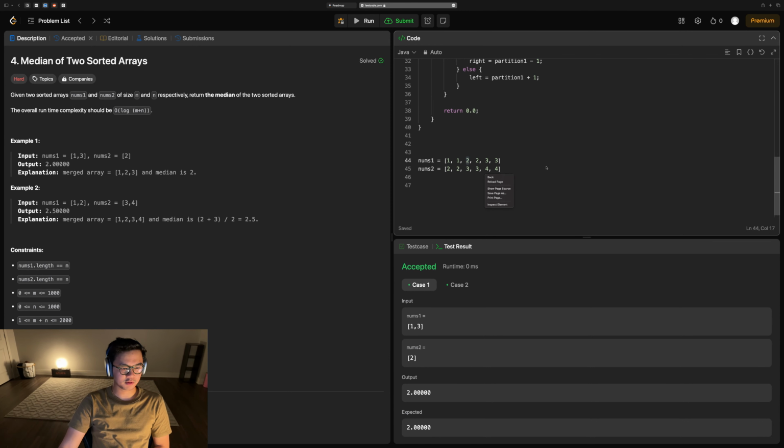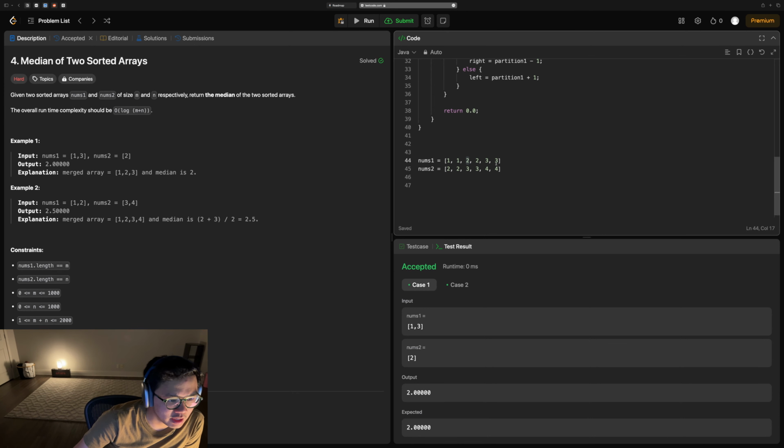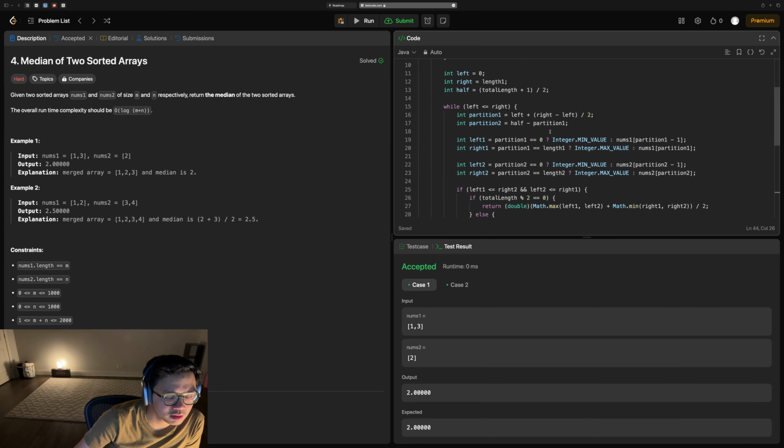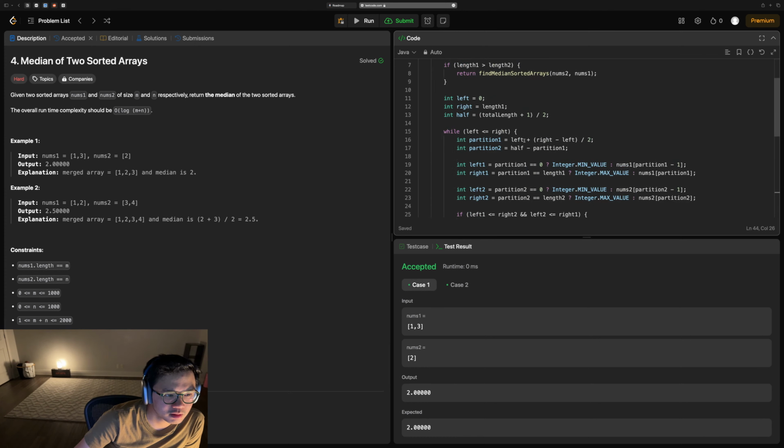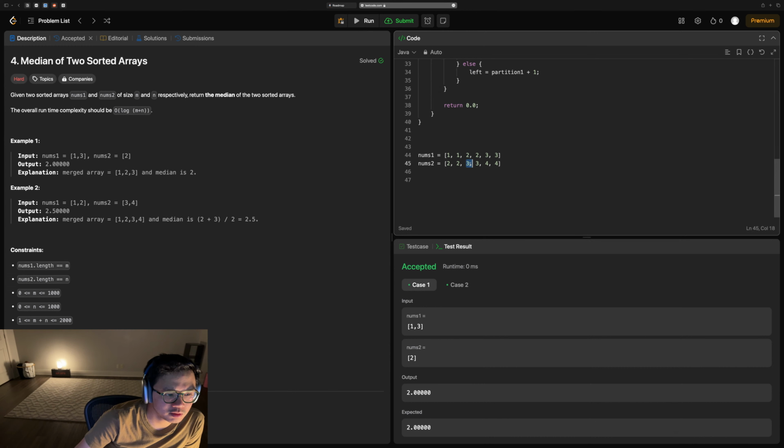And then half would be 6, so 6 minus 3, so 3 will be partition 2, so they'll both be in the halfway points. It'll be 5 divided by 2, which integer division would be 2. So they'll both be pointing here.